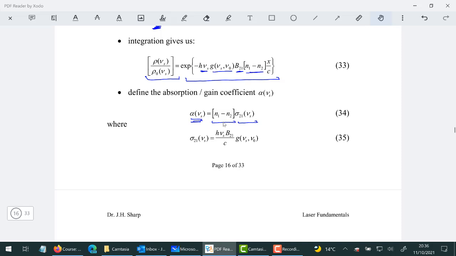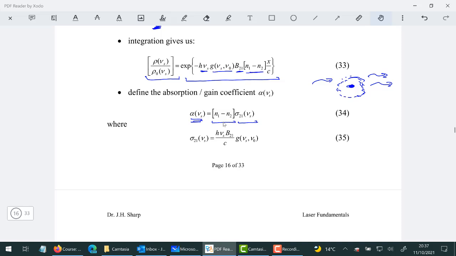And if you remember, what I said right at the very start was that if the photon passes close by this atom, then you can get stimulated emission. And I said we would come back to what we mean by close by. Well, if it falls within that cross-sectional area, then you have a high probability of that interaction happening.